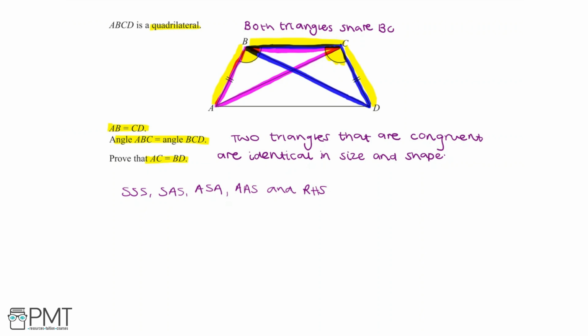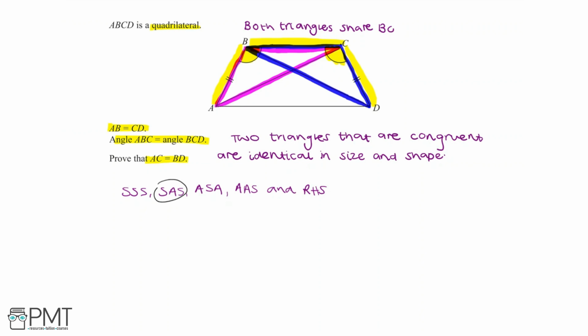We can see that in triangle ABC, we have line AB, angle ABC, and line BC. And in triangle BCD, we have line BC, angle BCD, and line CD. So looking at the laws below, we can see that our triangle follows the rule side, angle, side. And so we can say that triangle ABC and triangle BCD are congruent.